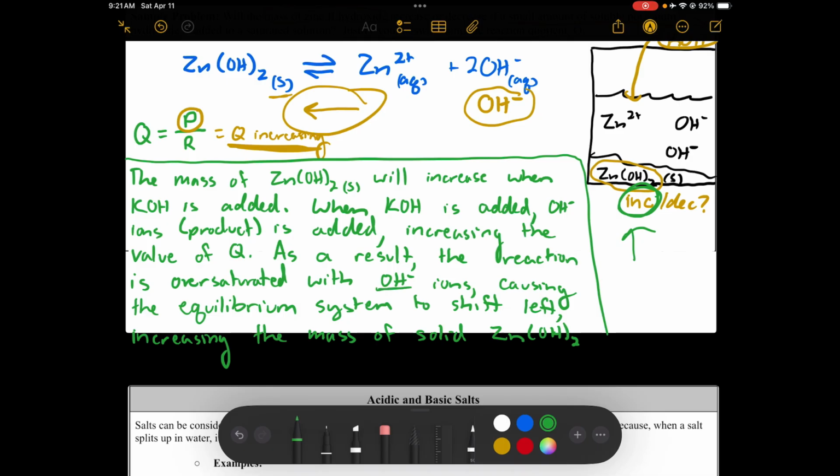That means there's too many products there, causing the equilibrium system to shift left, which increases the mass of solid Zn(OH)2.